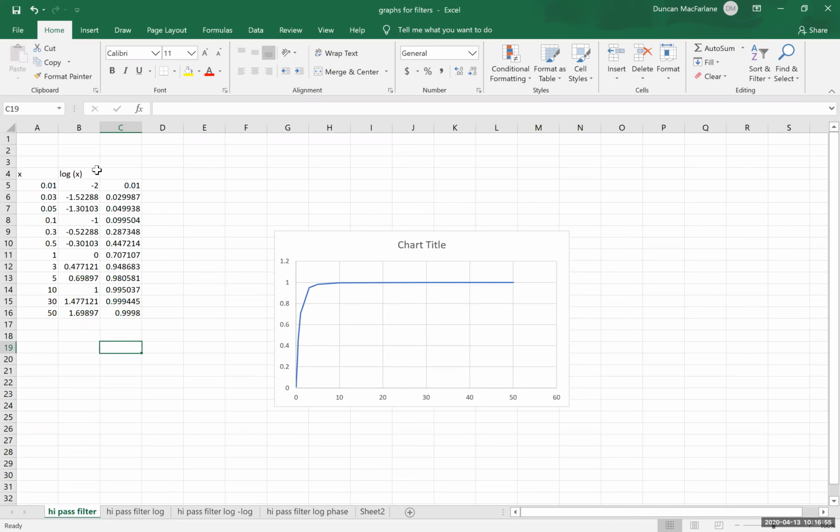Oh, so then what I do is I plot over here. I have my function, which is the dimensionless number x divided by the square root of 1 plus x squared. So this is omega RC in the numerator and the square root of omega RC squared plus 1 in the denominator.